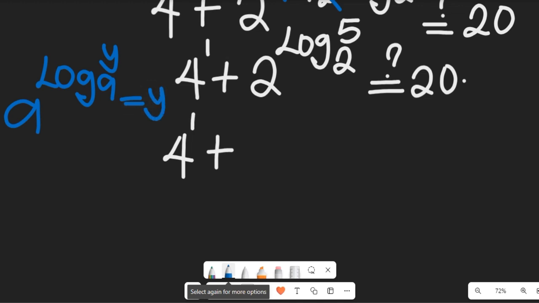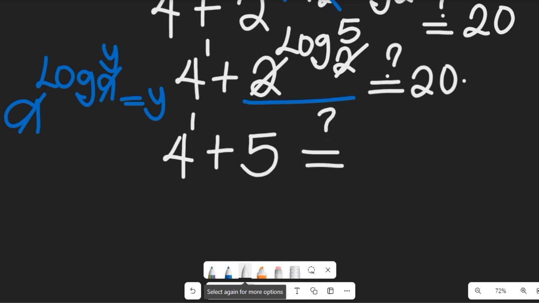Why? Because a will cancel out a and my result will be y. So if I apply it this way, 2 cancels out 2, and my result there will just be 5. Now does this multiplication give us 20? 4 times 5 is going to give us 20.